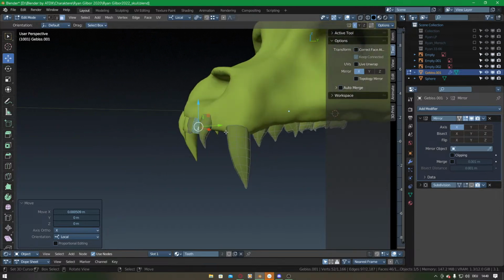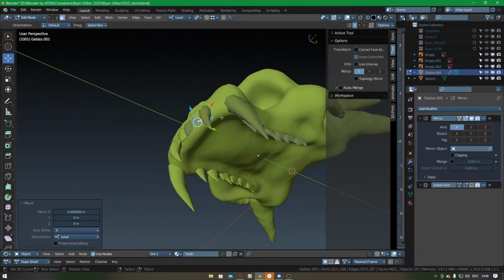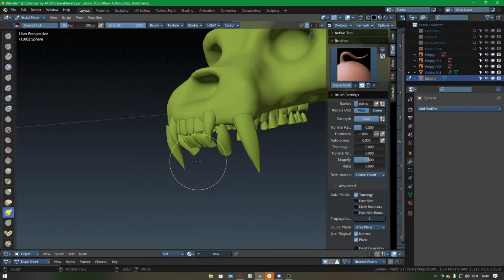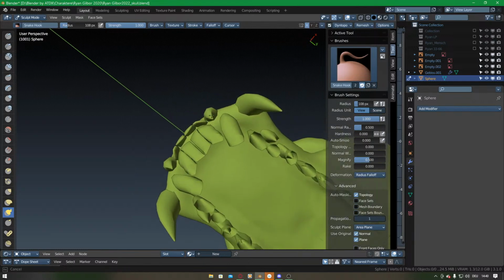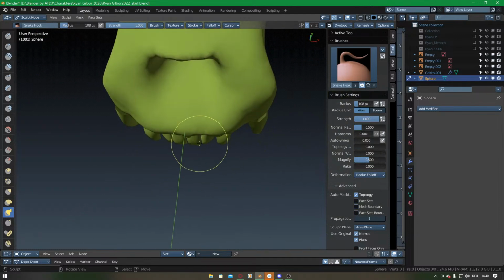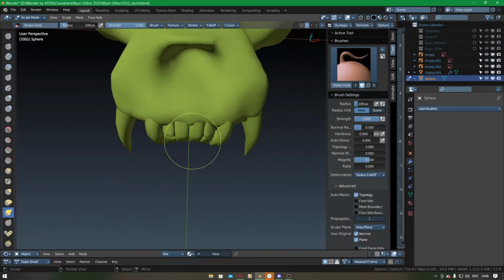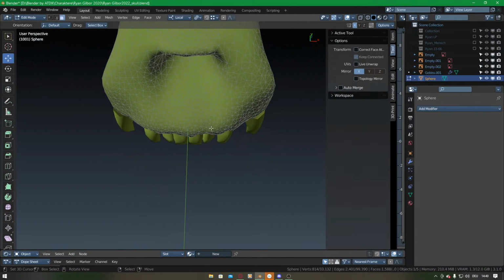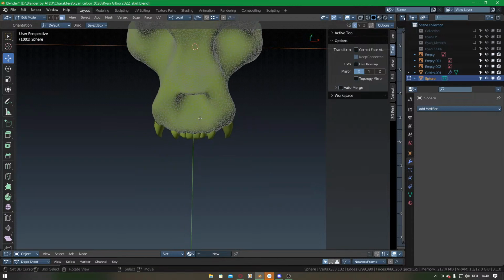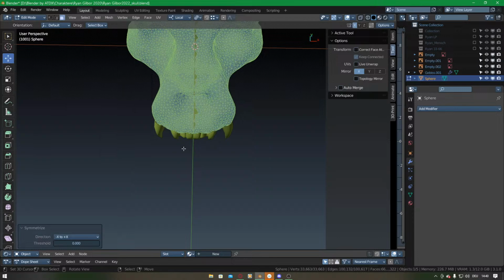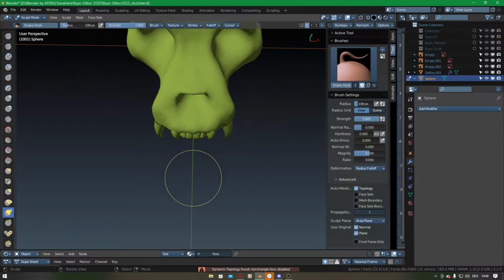Alright. That's the upper teeth. And what I have to do next is fit the skull to those teeth. This looks like it's not symmetrical. Like that.